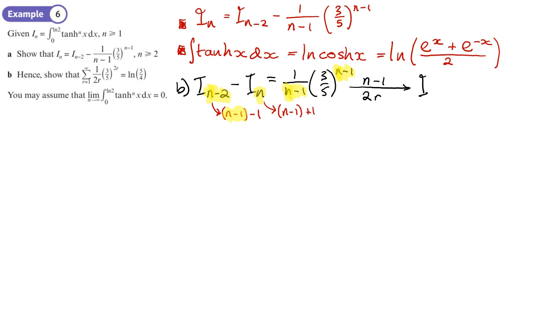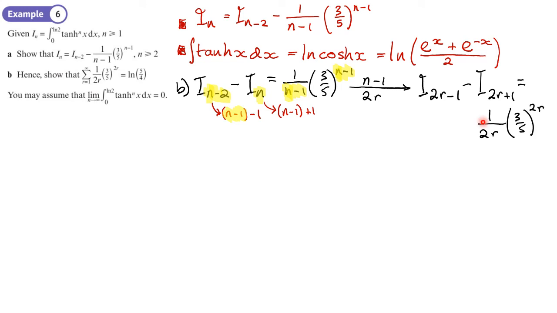So I'm just writing it a way where I can make those substitutions and replace n minus 1 with 2r. So I will have I sub 2r minus 1 minus I sub 2r plus 1, and that will equal 1 over 2r times 3/5 to the power 2r.